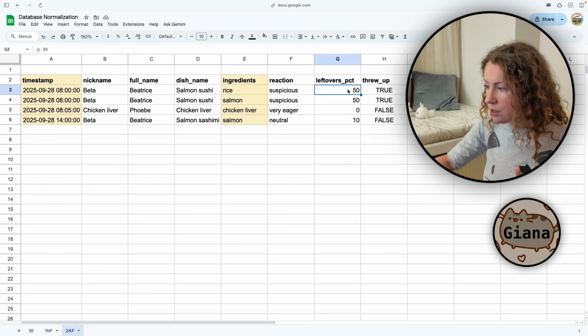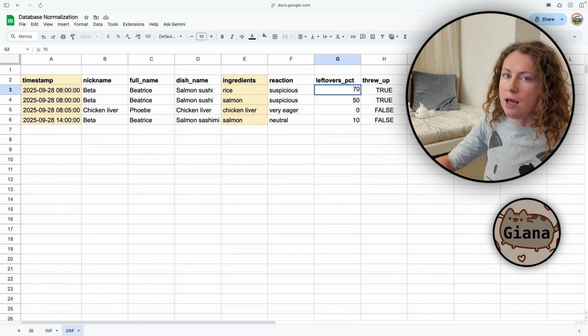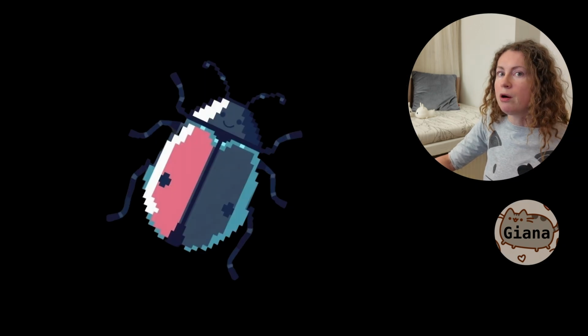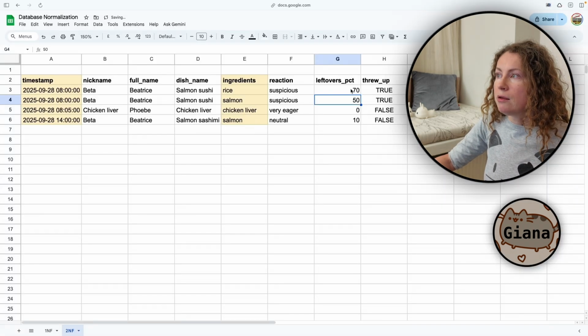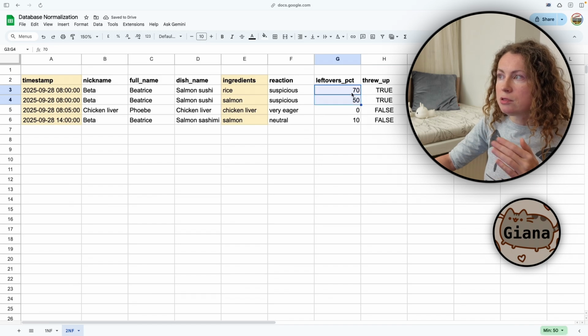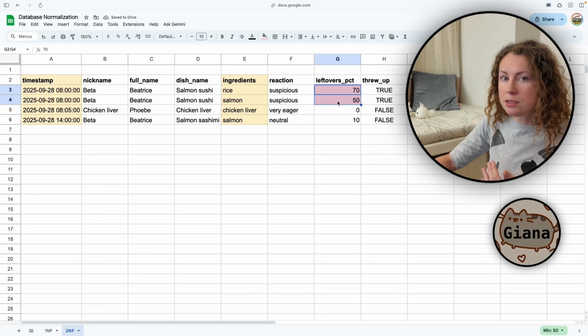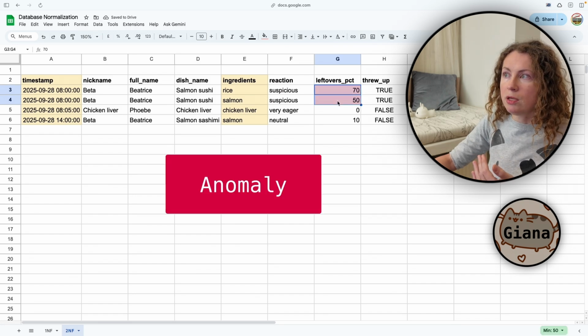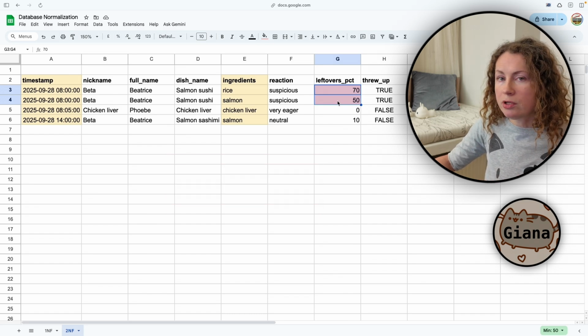They start correcting it to 70, but then for whatever reason, maybe some bug, the update only affects one of the places, but not the other. And then we would have different numbers when there should really be the same numbers. And this is a data anomaly, or also a violation of data integrity. And we need to do everything possible to avoid cases like this.